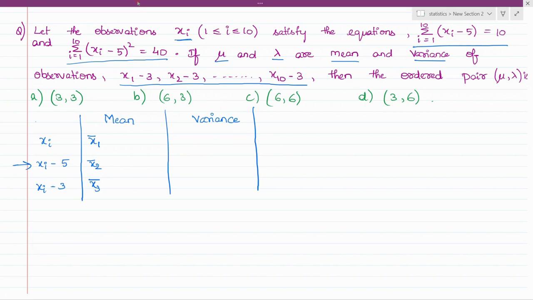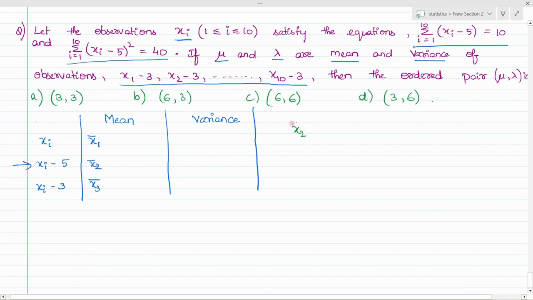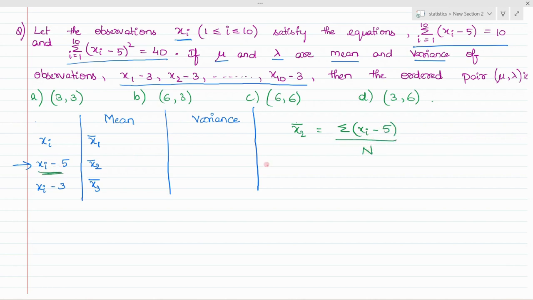Let us calculate mean 2 now. Mean 2 is nothing but sigma xi minus 5 upon n. Right, we are calculating for this. This value is given to you, that is 10. And the total number of observations I have told you, that is 10. So the mean will be 1. This is the value of mean 2.